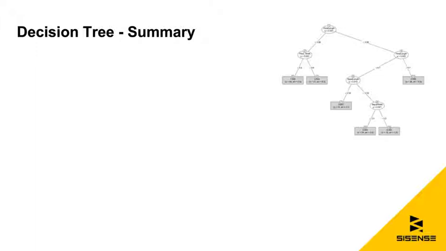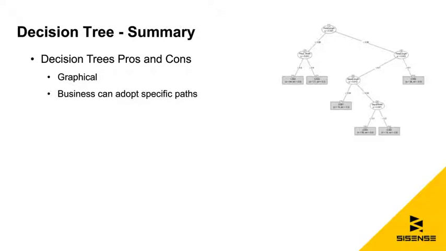We'll just move on and summarize the pros and cons of decision tree. So they're graphical, which is good for the users. It's more digestible, more understandable, and the users can relate and can interpret the path of the tree into business context, business rules.